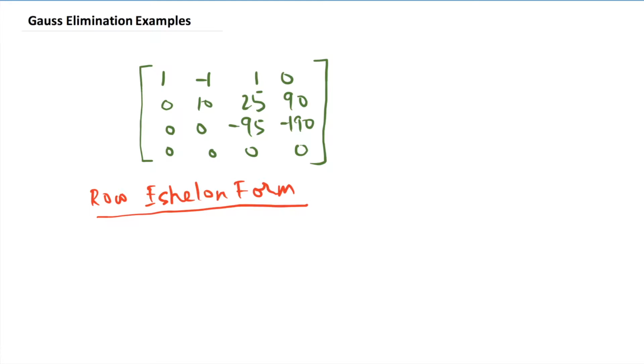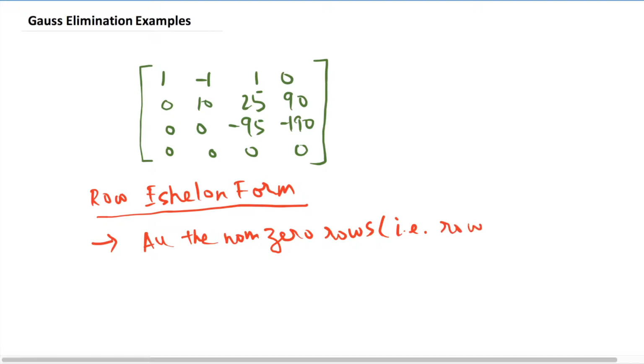So more specifically, an augmented matrix is row echelon if, let me write it down, all the non-zero rows, which is actually rows with at least one non-zero element.